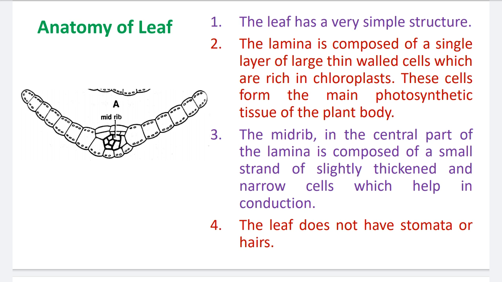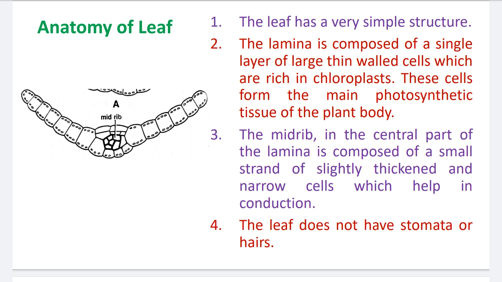Toward both sides from the midrib region, the lamina is single layered, having chloroplasts. These cells form the main photosynthetic tissue of the plant body. In the gametophytic plant body, these cells are the major source of photosynthesis, so they can prepare their own food material.